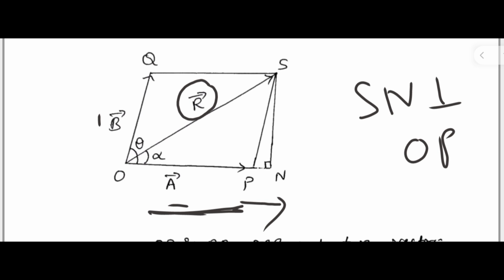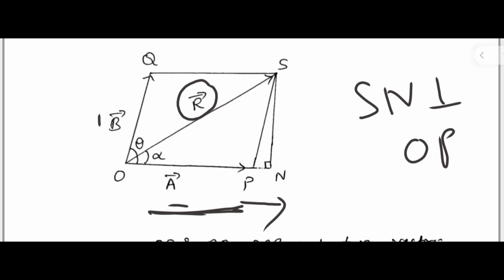For finding the equations, we are using the Pythagoras formula. As you know, the square of one side of a triangle is equal to the sum of the squares of the other two sides.